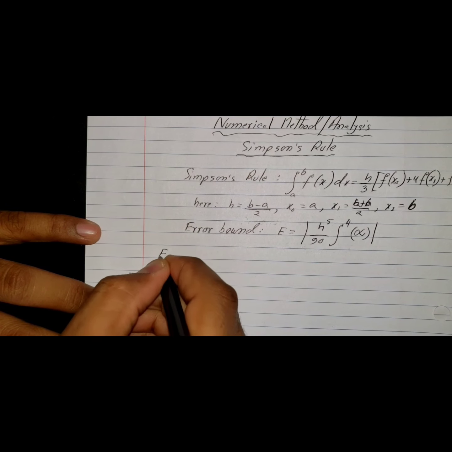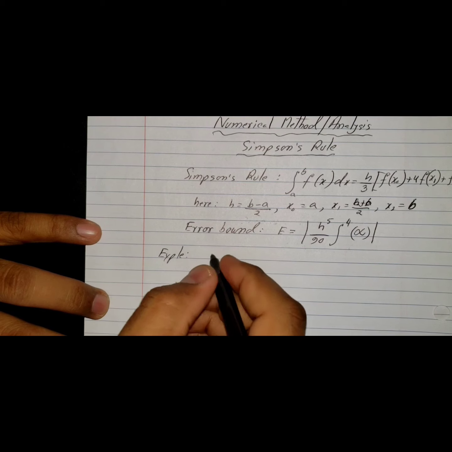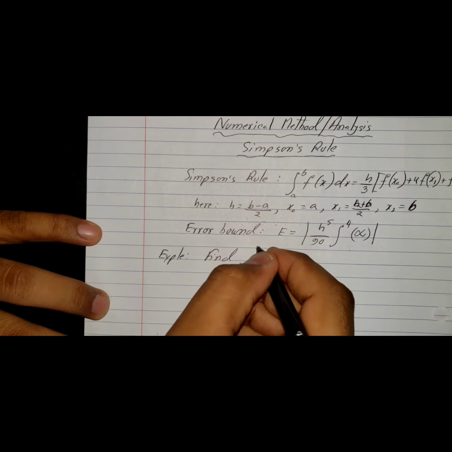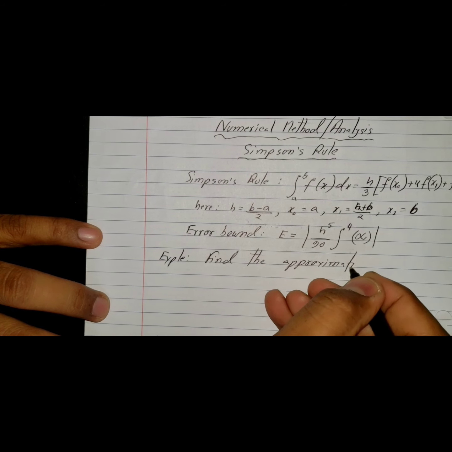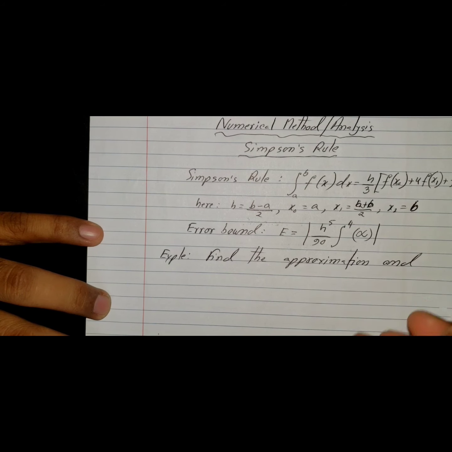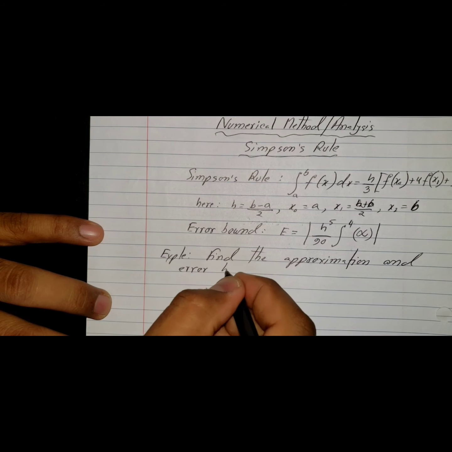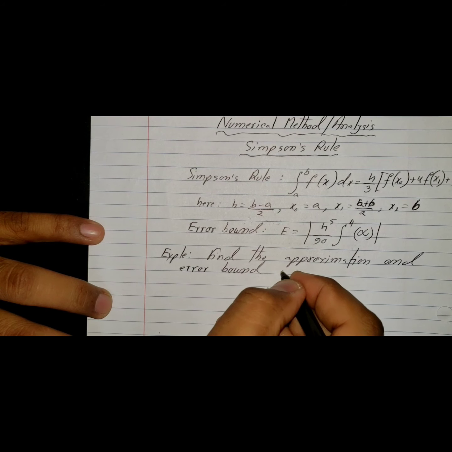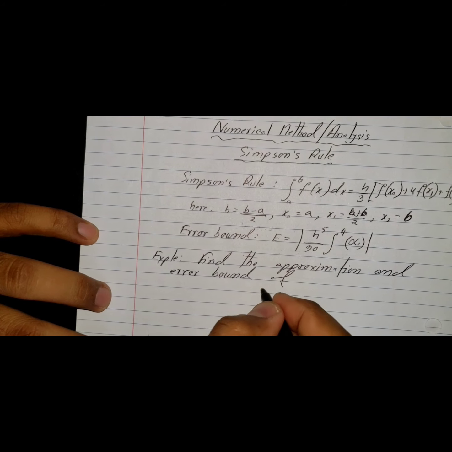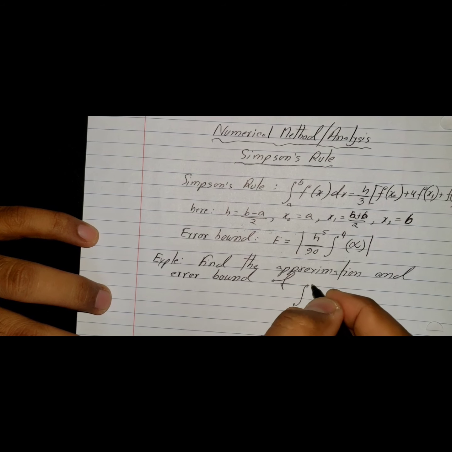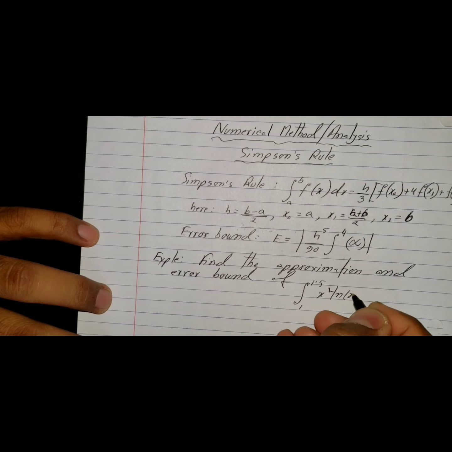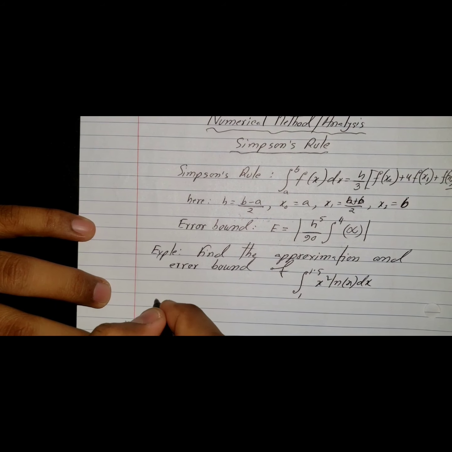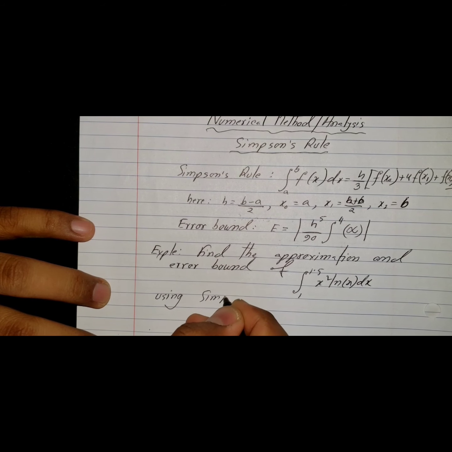Let's take an example. Find the approximation and error bound of the integral using Simpson's rule.